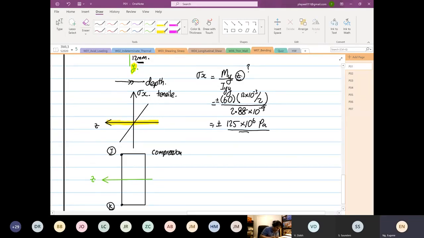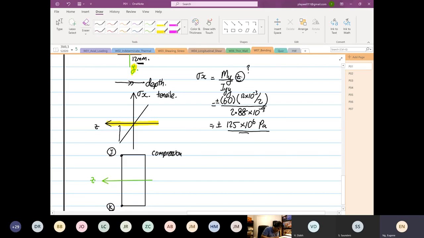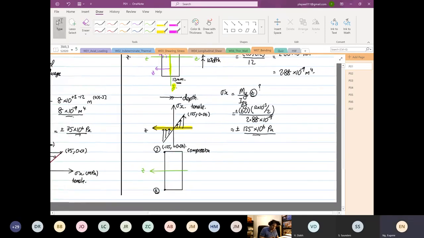So over here is going into compression, pushing into the material, and then tension. So this will be equal to 125, your stress, and the distance now is 0.06 or minus 0.06, right? So this is equal to minus 125 times 0.06. Okay, so this is your stress profile.